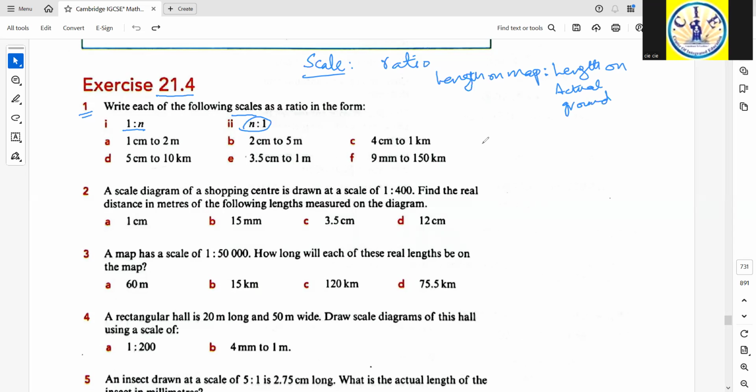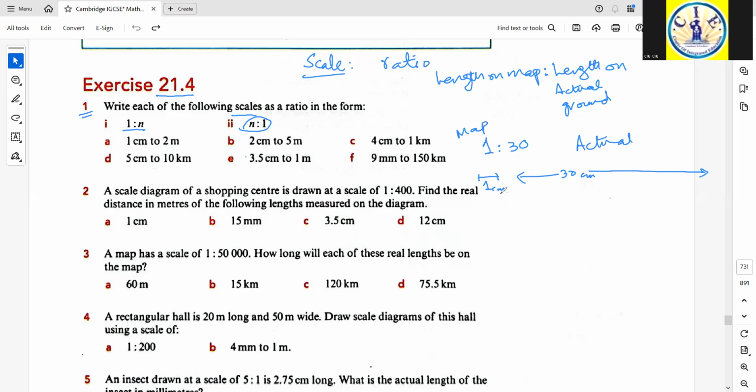For example, a scale says 1 is to 30. That means a line of 1 centimeter would be representing a 30 centimeters length on the actual ground.